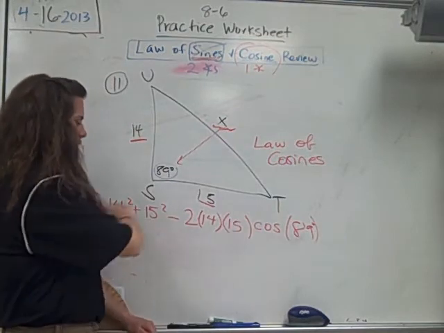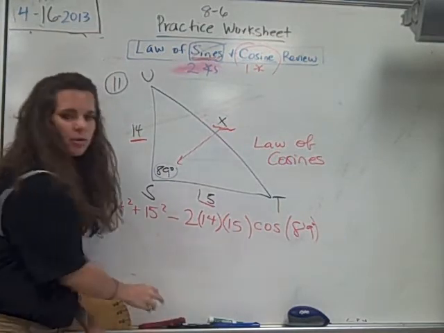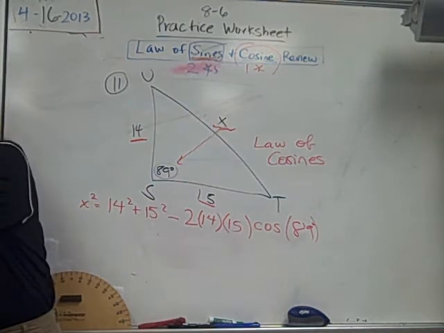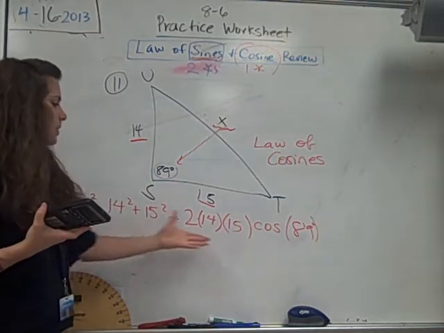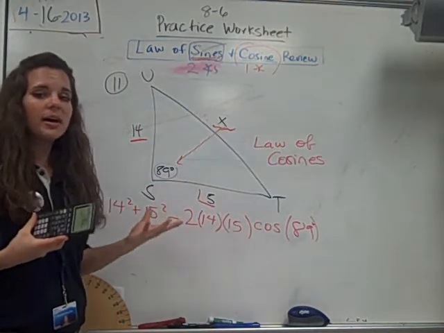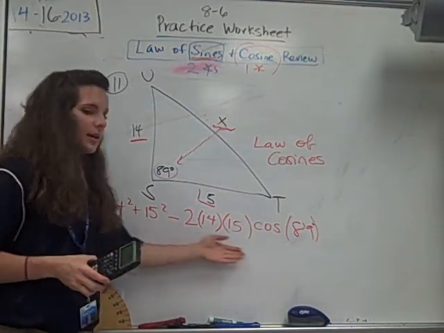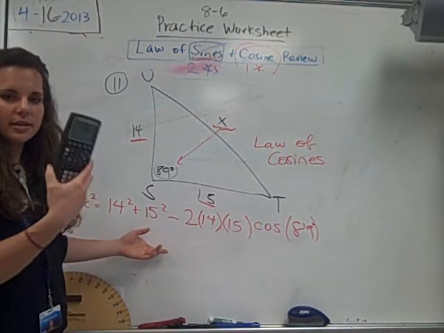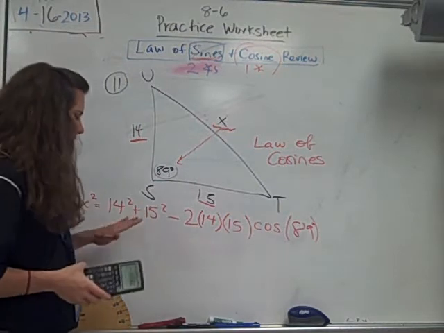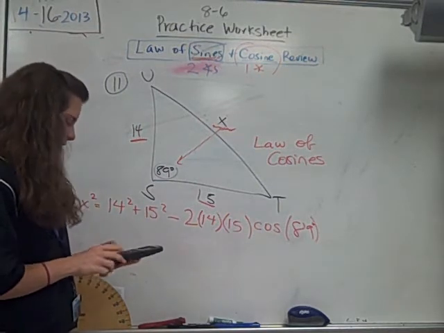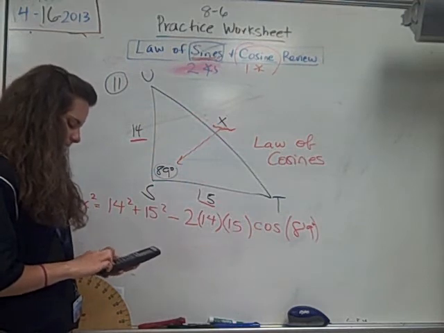Look at your page. This is the most important part. Can you get this set up? Because from here, whether you had a calculator at home or not, or whether you have a calculator that does trig, everybody, a third grader, can punch this in on the calculator. So I know you can do that. This is the most important thing to get.